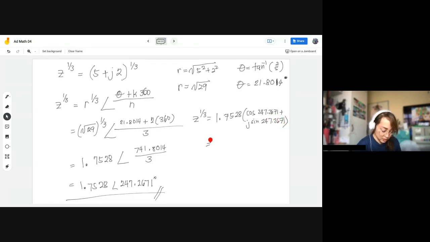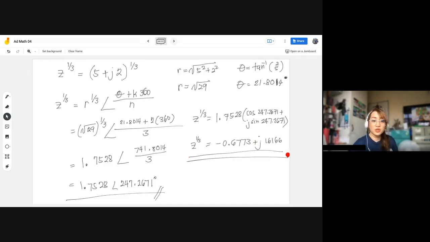You think it's difficult to evaluate, but if you follow the steps, you can get it. So that is negative 0.6773 plus j1.6166. So that is the answer for taking the cube root of 5 plus j2.